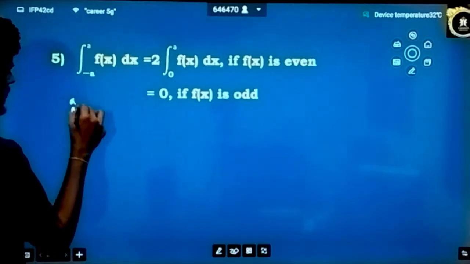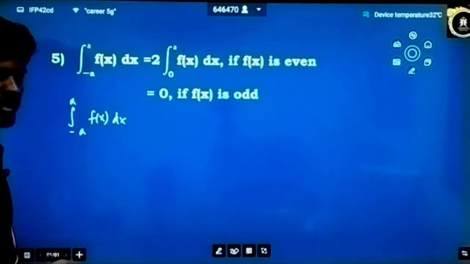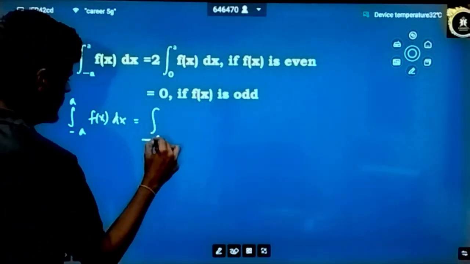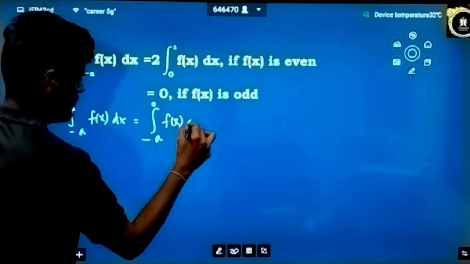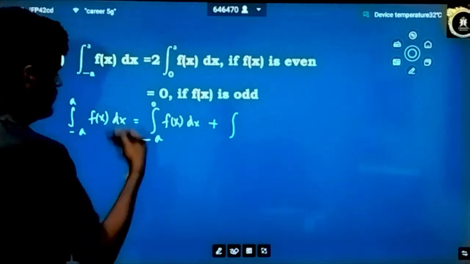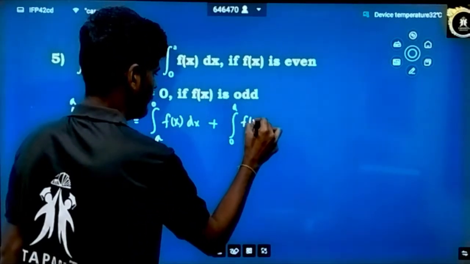Integral minus a to a f of x dx is equal to integral of minus a to 0 f of x dx plus integral of 0 to a f of x dx.